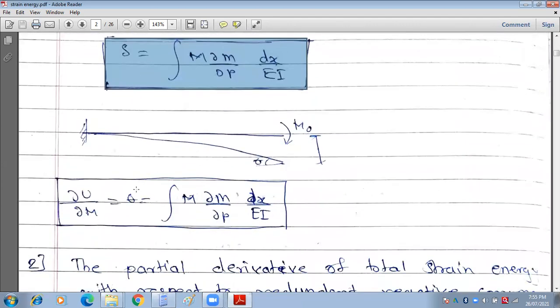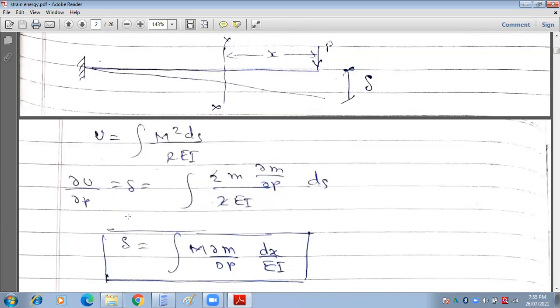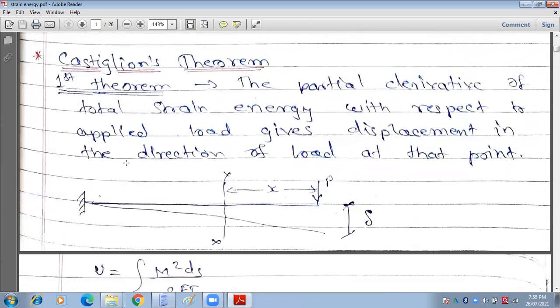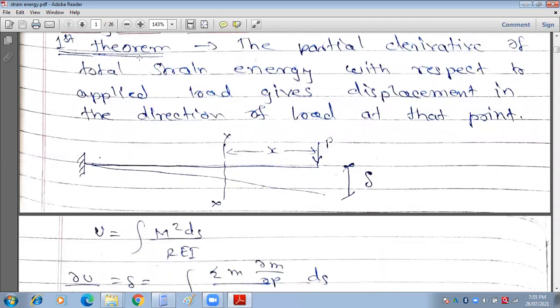And this one is for the slope. For the slope, if you are taking the partial derivative with respect to the moment, you will get the rotation or the slope. This was nothing but Castigliano's first theorem: the partial derivative of the total strain energy with respect to the applied load gives the displacement in the direction of load at that point.